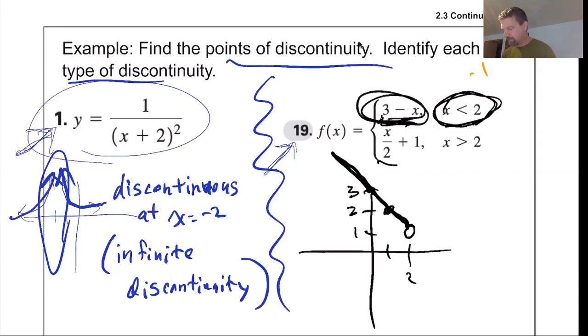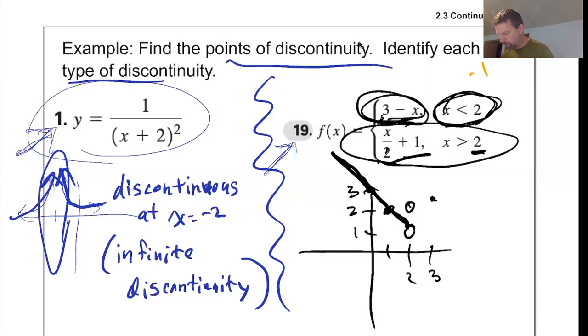And I can do the same thing for this piece, starting with that 2. So put a 2 into there. That's 2 over 2 plus 1. That's 1 plus 1. That gives me a value of 2, which is right here. And then if I put a 3 into there, that'd be 3 halves plus 1. That's 1.5 plus 1. That's 2.5, right about there. If I put a 4 in, that'd be 3, right about there.